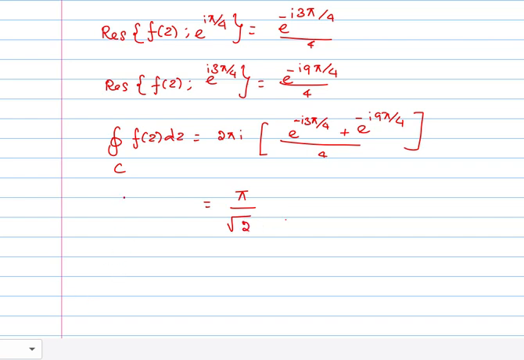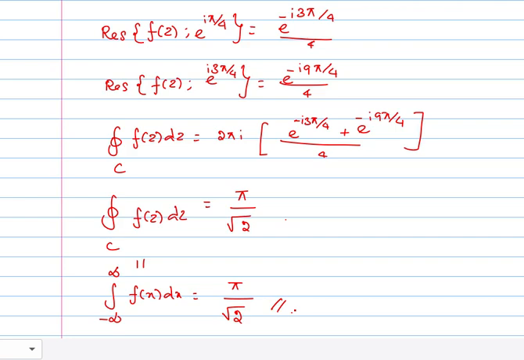So this is the contour integral of f of z dz, and from our assumption it is equal to the integral from minus infinity to plus infinity of f of x dx, that is pi over square root of 2.